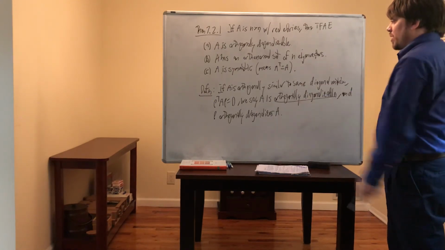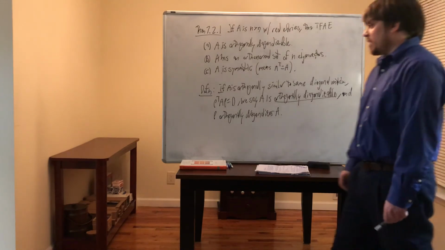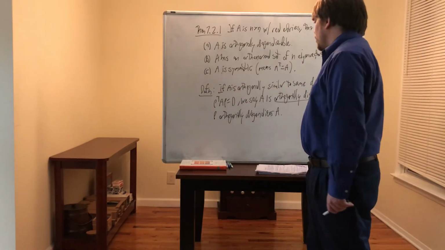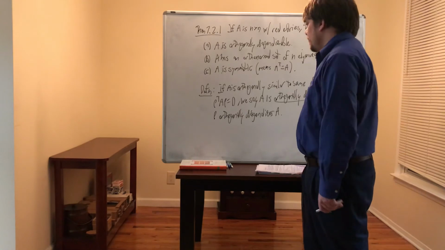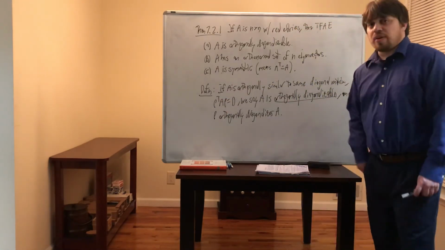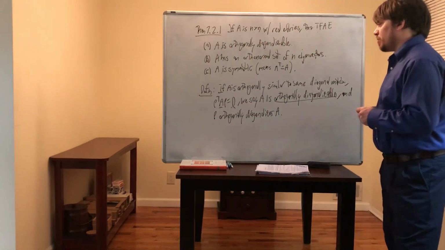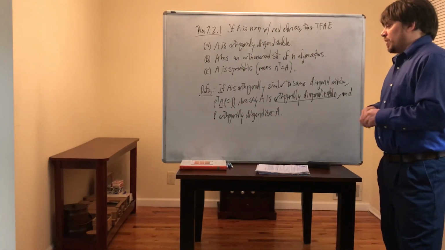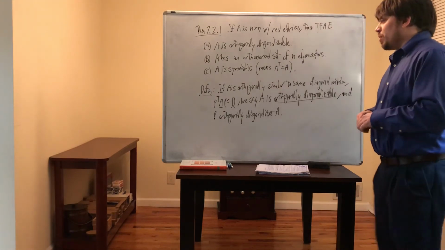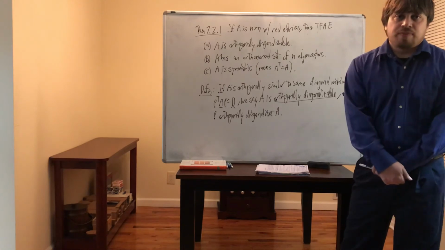If A is orthogonally similar to some diagonal matrix, meaning that for some orthogonal matrix P, D is equal to P transpose AP, where D is a diagonal matrix, that would mean that the matrices A and D are orthogonally similar. Then we would say that A is orthogonally diagonalizable.